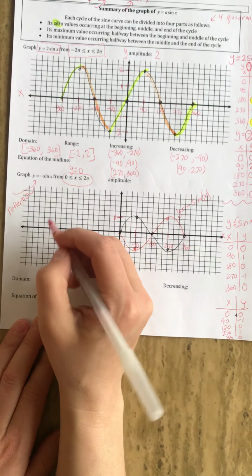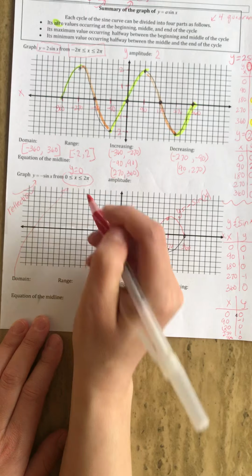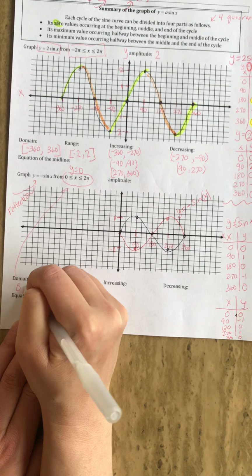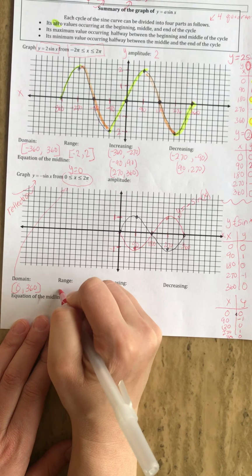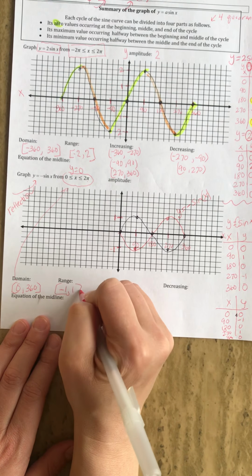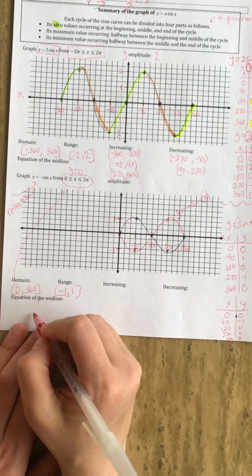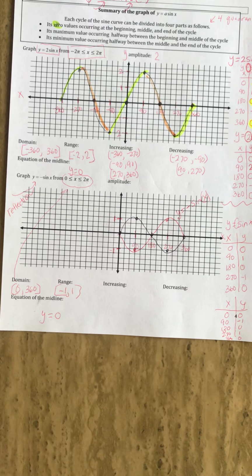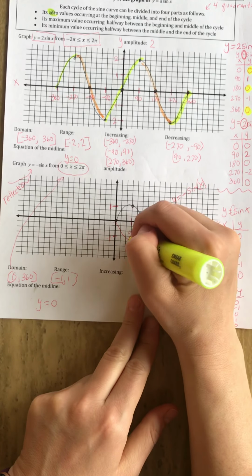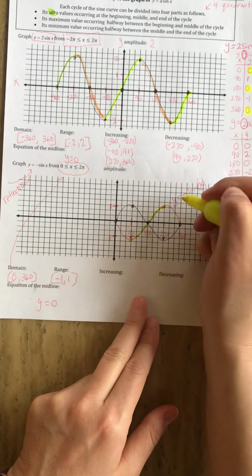Your domain, you guys can see that the domain is going to always be up there. You're going from 0 to 360. The range, how low? From negative 1 to 1. Your equation of the midline, y is equal to 0. And again, you guys will see that it's increasing here to here.